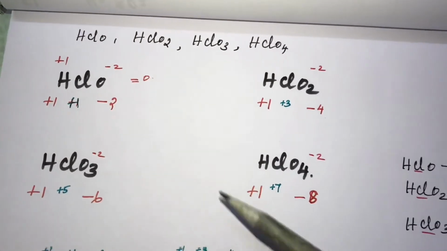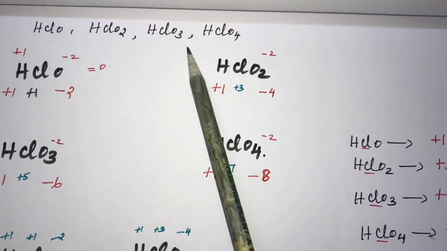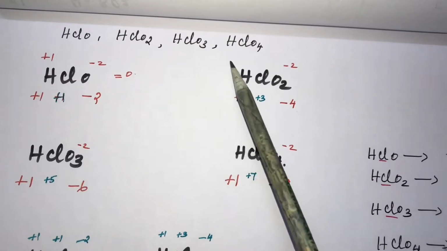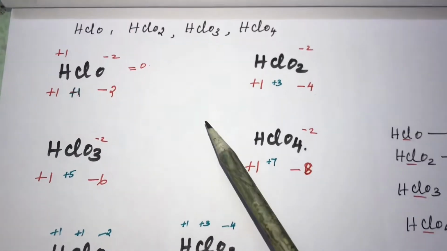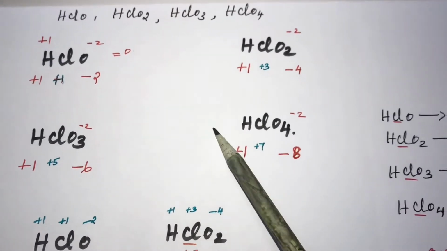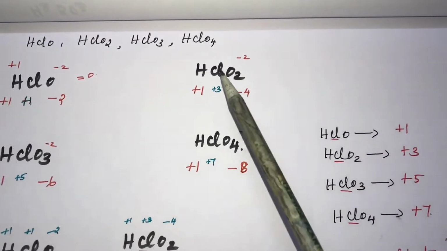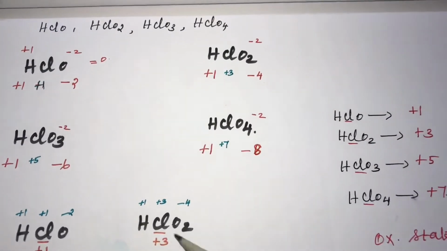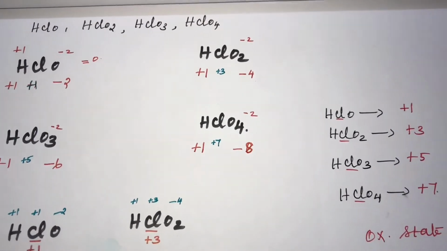Here HClO, HClO2, HClO3, HClO4 are given. We have to find the correct order of acidity for these acids. Actually, we have to find the oxidation state, because as the oxidation state increases, acidity increases. So now we are going to find the oxidation state of chlorine in the 4 different acids. Then we are going to write the order of acidity.